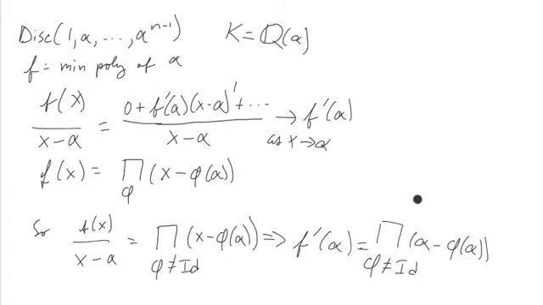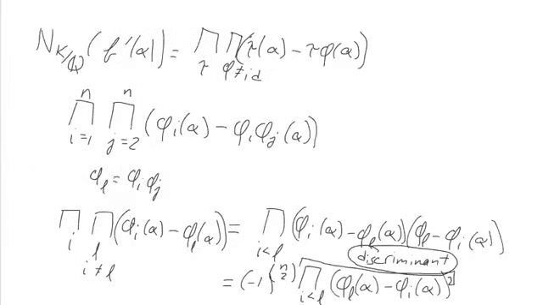Now, let's see what happens when we take the norm of f prime of alpha from K down to Q. We basically take a product over different endomorphisms of K into the complex numbers of that product that we just found.